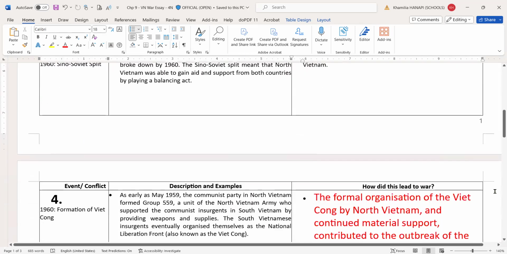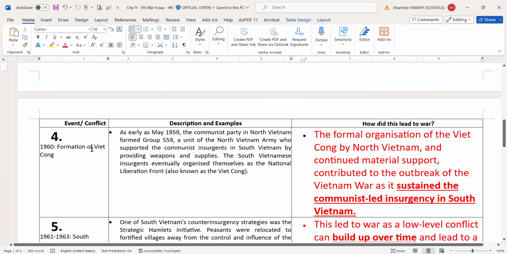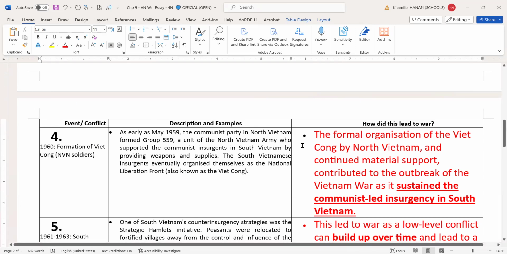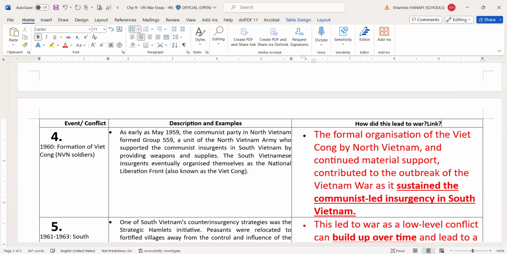Next, the other thing that is missing is the formation of the Viet Cong. So who are the Viet Cong? Viet Cong are North Vietnamese soldiers. And why is it that it has led to war? What is the link? Because there was a group of Vietnamese elite fighters, and they contributed material support, military support.